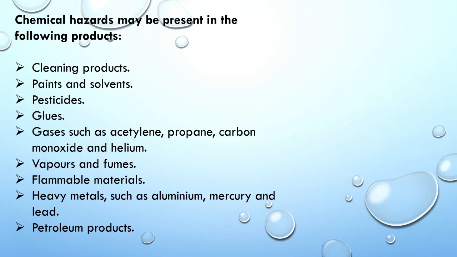Chemical hazards may be present in the following products: cleaning products, paint and solvents, pesticides, glues, gases such as acetylene, propane, carbon monoxide and helium, vapors and fumes, flammable materials, heavy metals such as aluminium, mercury and lead, and petroleum products.